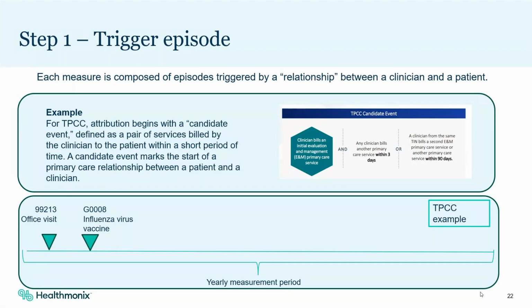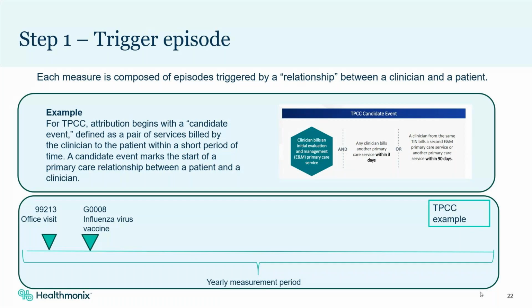So if you have what's called a primary care E&M service, and you have any of a myriad of services that are listed in a CMS list, which is available on our website, those 2 things occurring within 90 days, or another clinician billing within 3 days, then you trigger a TPCC episode. That means that for the next year, you're going to have that patient's costs attributed to you. That's the trigger for TPCC.